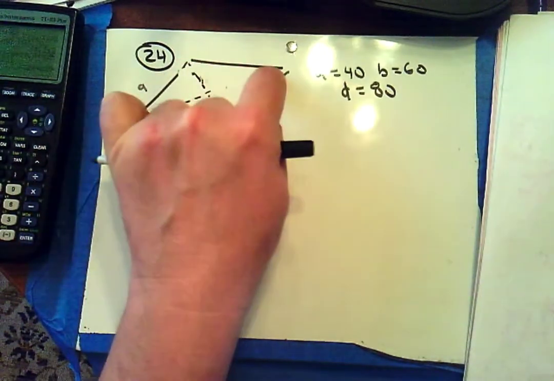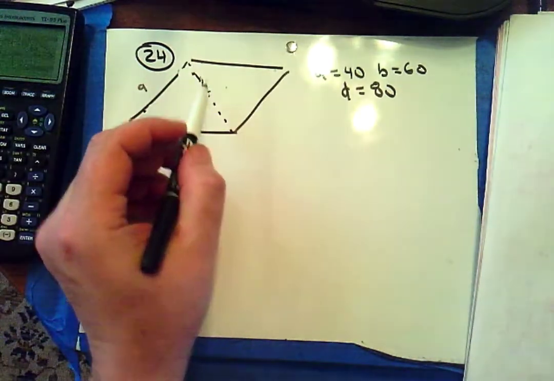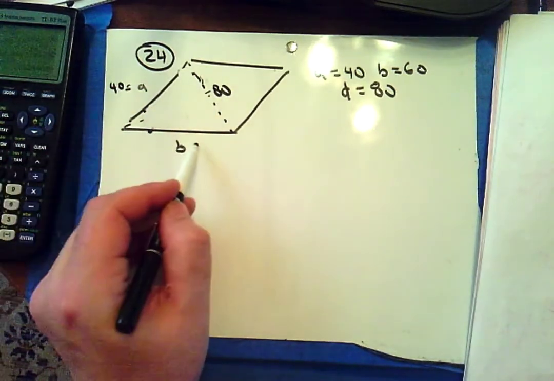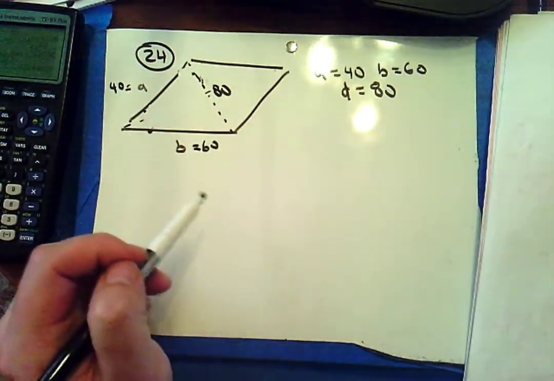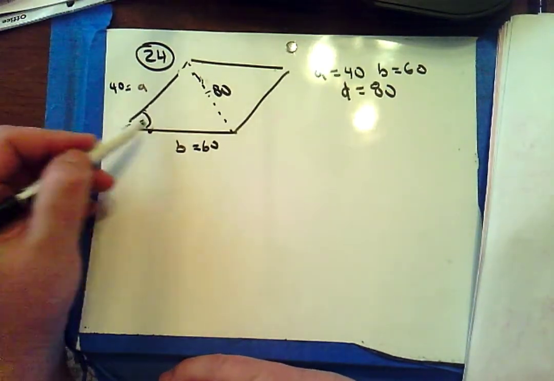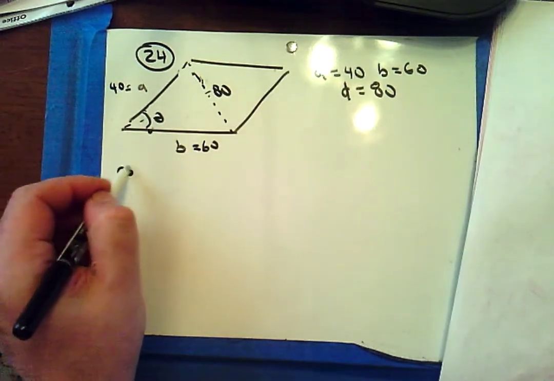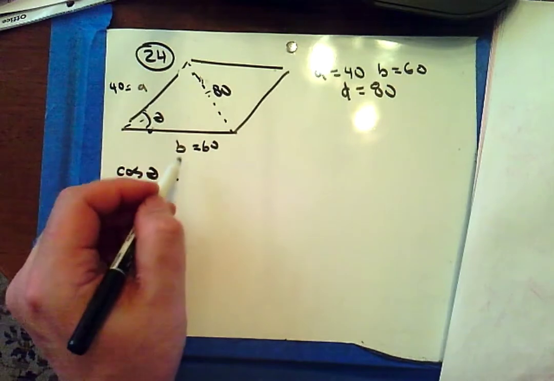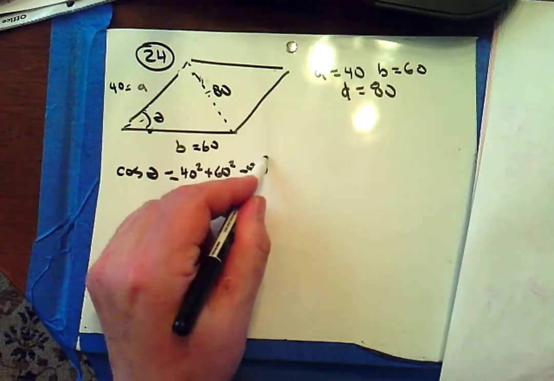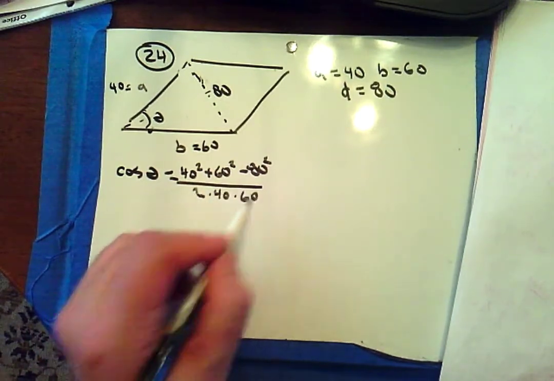I'm going to take out a lot of the rest of this visual noise. Okay, so this whole thing is 80, and this is 40, and this is 60. Now, the nice thing about this is that I can find this angle pretty easily. This was theta, and we know that the cosine of theta is going to be 40 squared plus 60 squared minus 80 squared over 2 times 40 times 60.